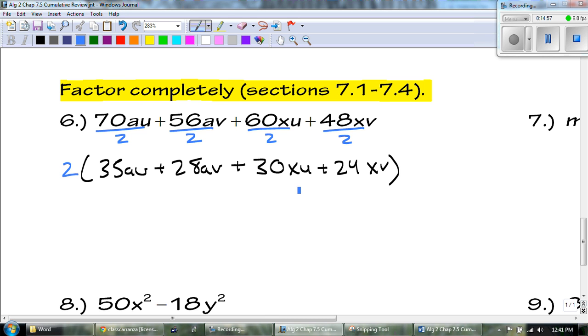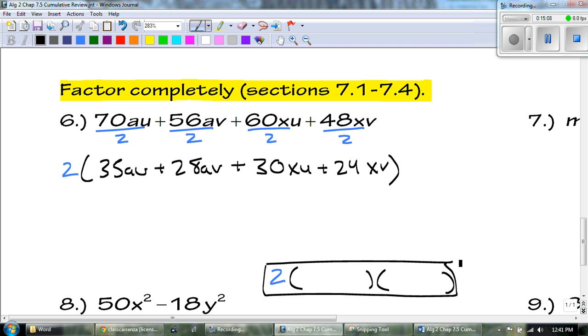I don't want to forget about my 2 in my final answer, so there's my 2, and I know I'm going to have 2 binomials as my final answer. So there we go. And remember, you can use box or you can split the middle term. It's however you want to do it.